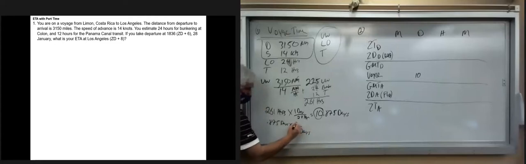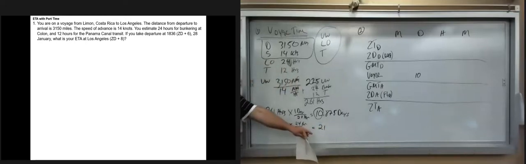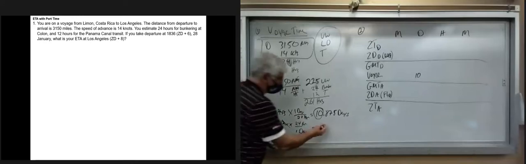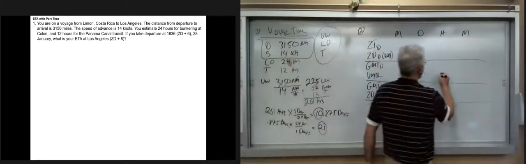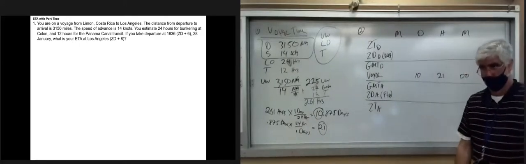One for how many what? 24 hours? Oh, there we go. Days goes away. What's 0.875 times 24? 21. Is there any decimal there? So we're done. Okay, that's the total voyage time.